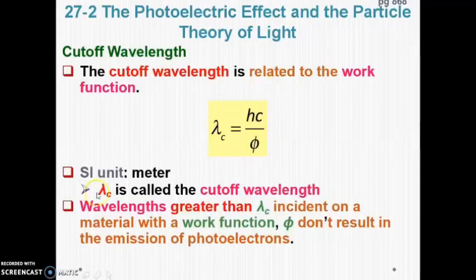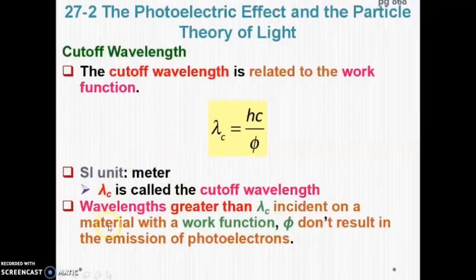All of this comes from the energy. The SI unit should be meter. Lambda c we call the cutoff wavelength. This happens when your frequency is equal to the cutoff frequency.